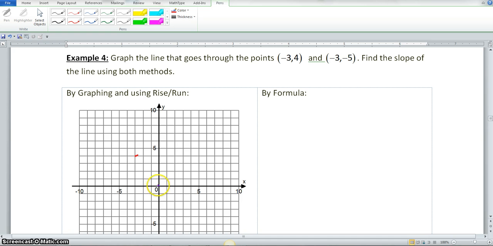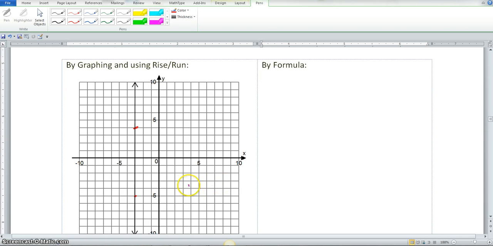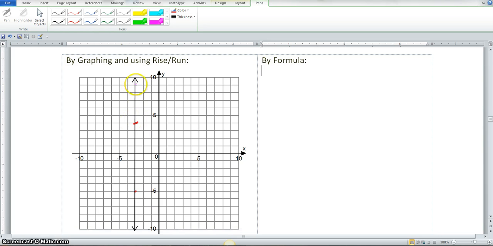Then we will have negative 3, 1, 2, 3, and then we will have negative 5, 1, 2, 3, 4, 5. Now if you notice here, when we connect these points, it will give us a vertical line. As you can see here, I added in a line here. And after I plotted the points, it gave us a vertical line.